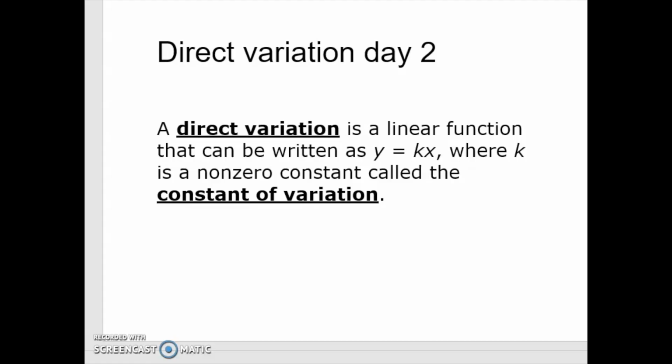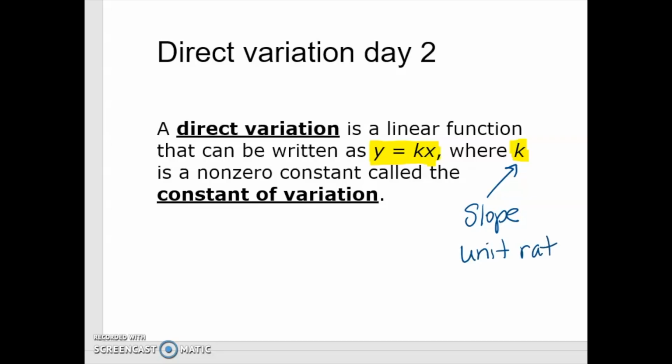Now we're going to be looking at the equation, and we're going to be comparing it to the form y equals kx. And remember we said that k is called the constant of variation, but k is our slope or our unit rate.